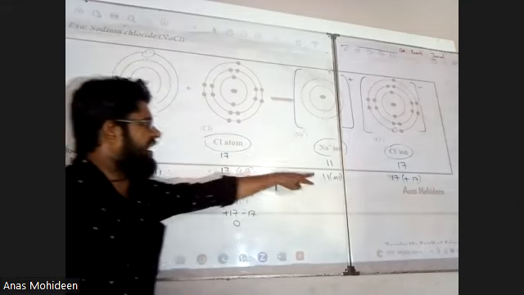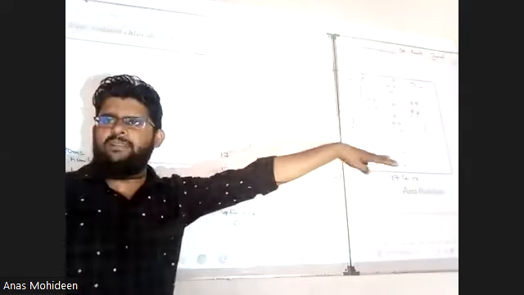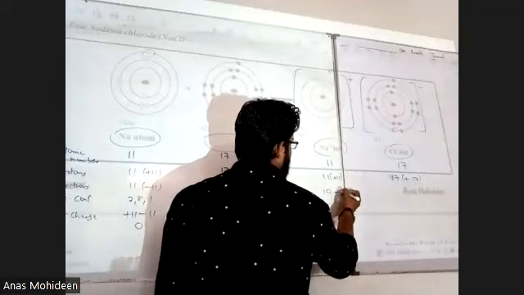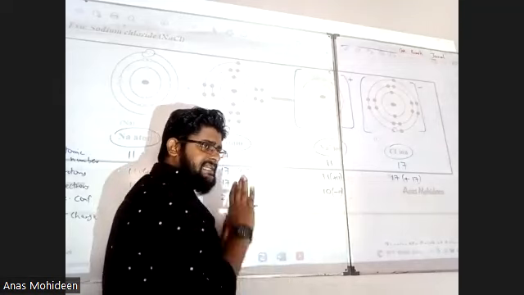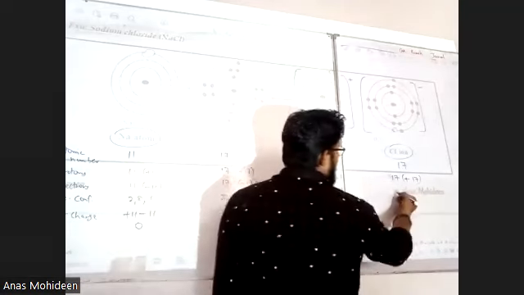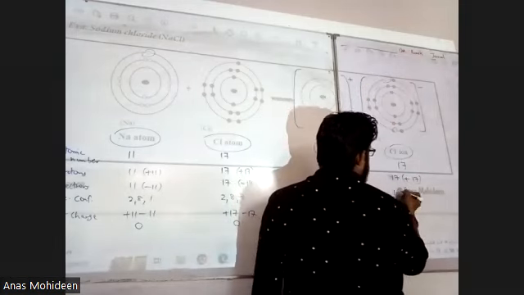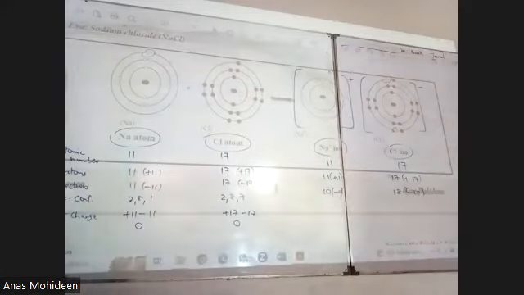What happened to the electrons in sodium plus? Earlier it was 11 electrons, but how many electrons are there now? One electron has gone out, right? Once one electron is removed, only 10 electrons, that means minus 10. You understand? Is it clear? Right. So earlier 17 electrons, now it accepted one more electron, it becomes 18 electrons, means minus 18.